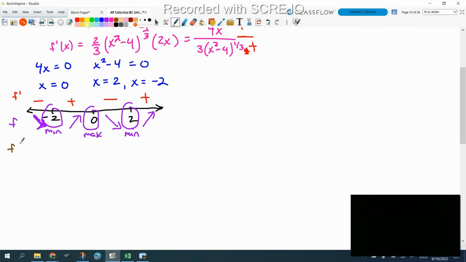F is increasing on, let's see, negative 2 to 0 and 2 to infinity, because f prime is greater than 0 on those intervals.